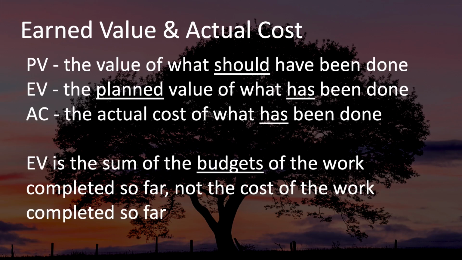Earned value, or EV, is the sum of the budgets of the work completed so far, not the cost of the work completed so far. In other words, earned value is the value of the completed work expressed in terms of the budget that has been assigned to that work, not to the actual cost of that work.